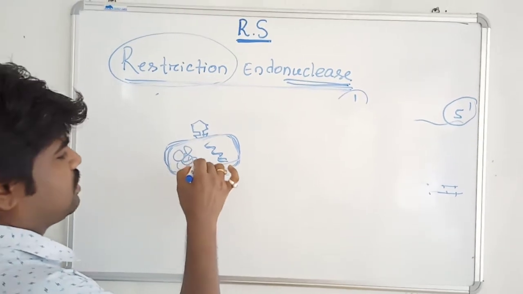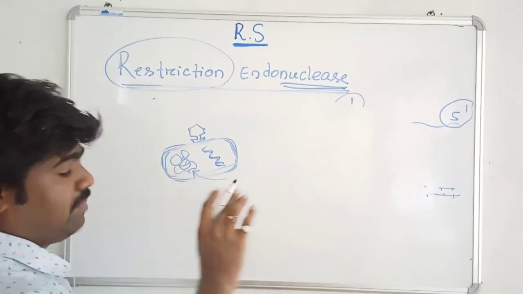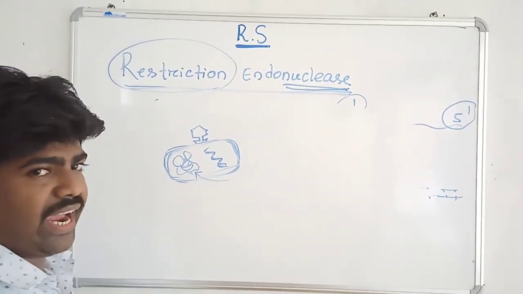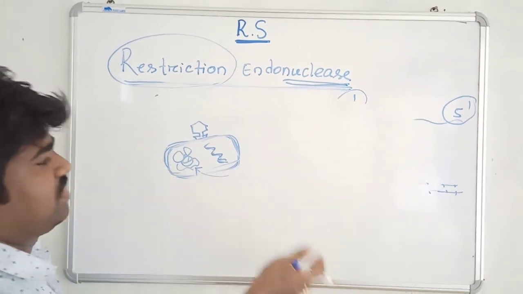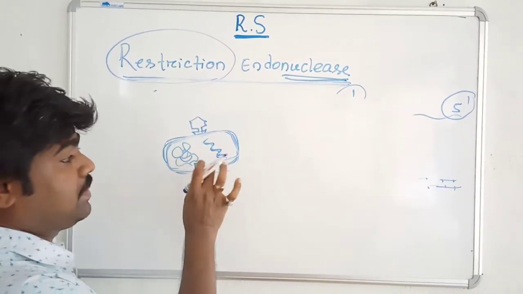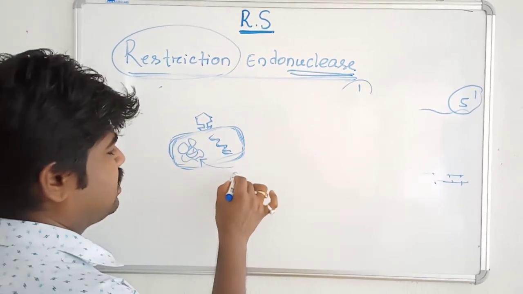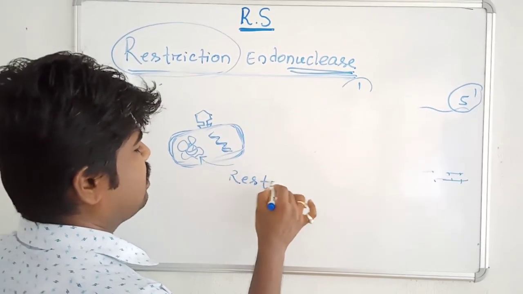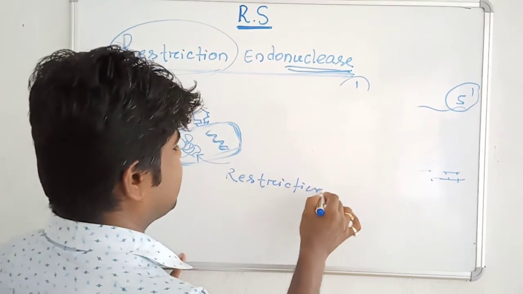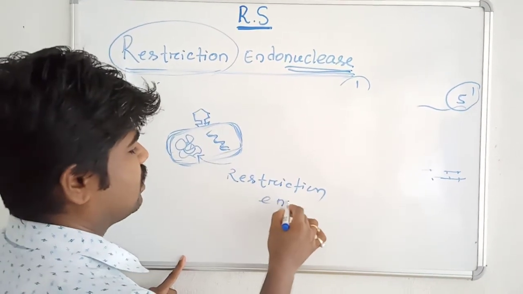Now these bacterial cells have many genes, and when the genes undergo expression, they produce particular enzymes, and they are the restriction enzymes, only for this work.